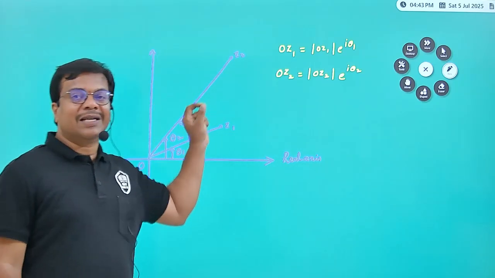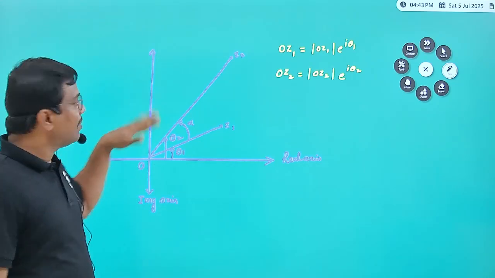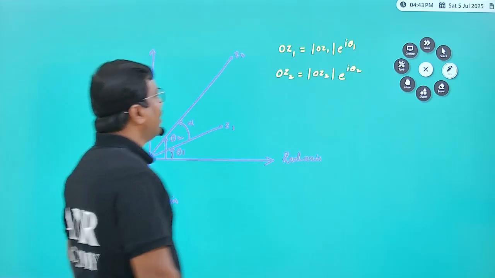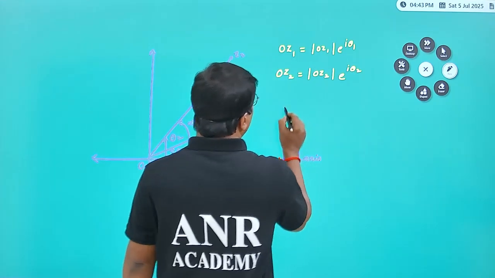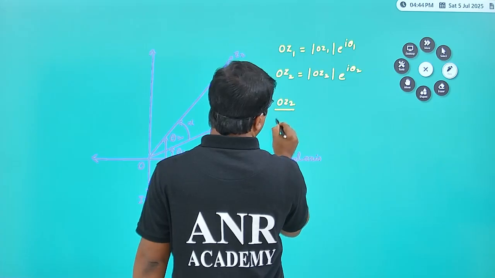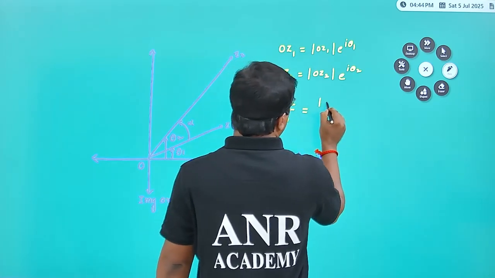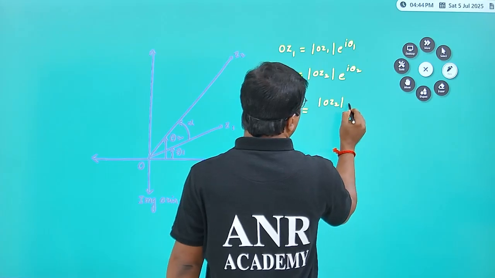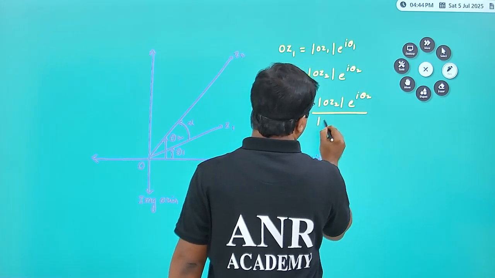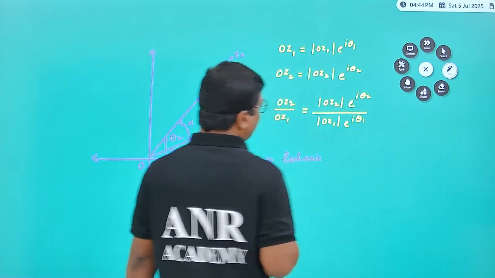A complex number Z can be written as r into e power I theta by Euler form, so OZ1 and OZ2 are written in this way. Now OZ2 divided by OZ1, if you write, what happens? This is modulus OZ2 e power I theta 2 divided by modulus OZ1 e power I theta 1.